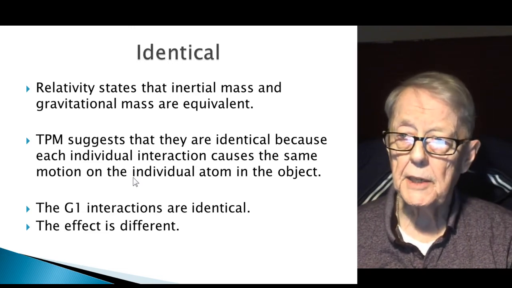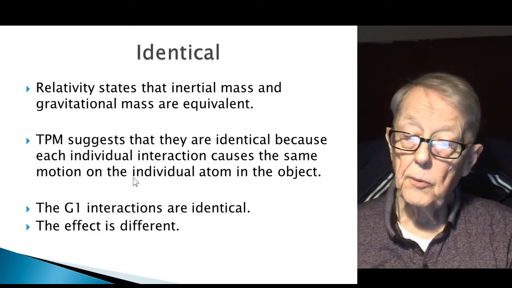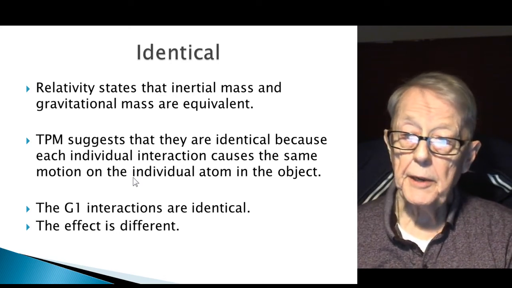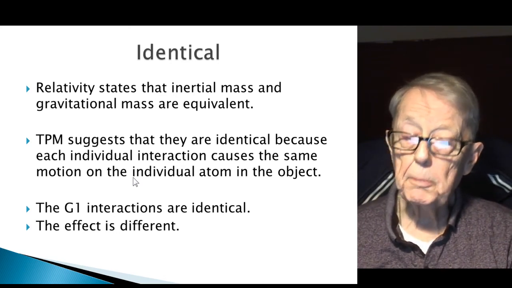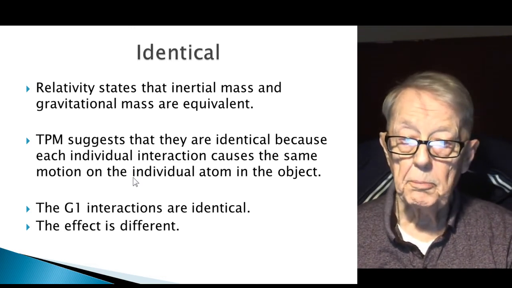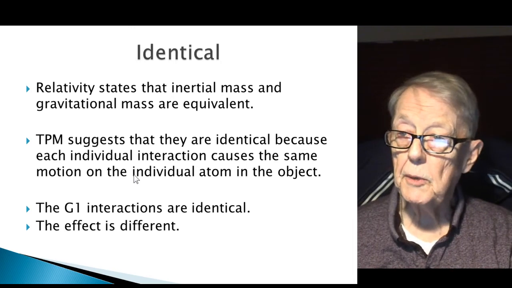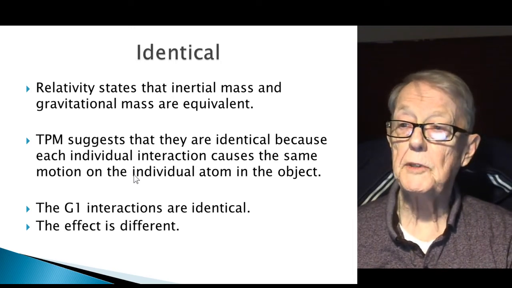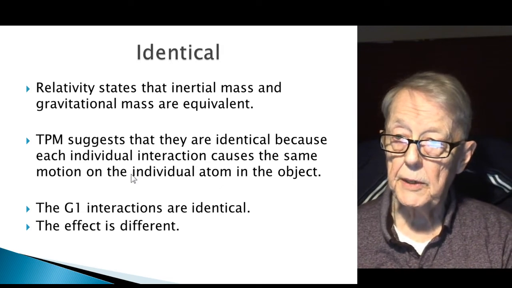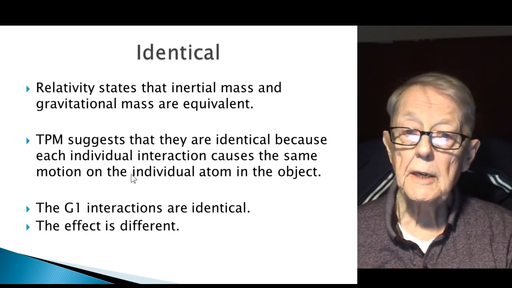There's an imbalance on the Earth. When you're in the spaceship, each individual G1 particle interacts with the man the same way, but the source of the G1 particles is different. It's equal and opposite in all directions. And so then you have a situation that we call inertia.